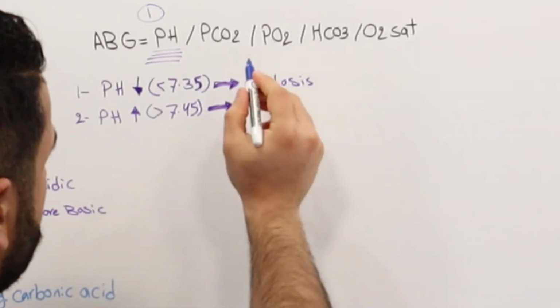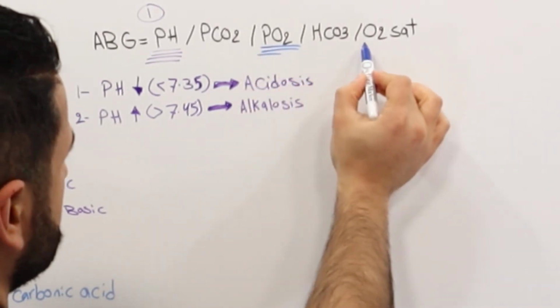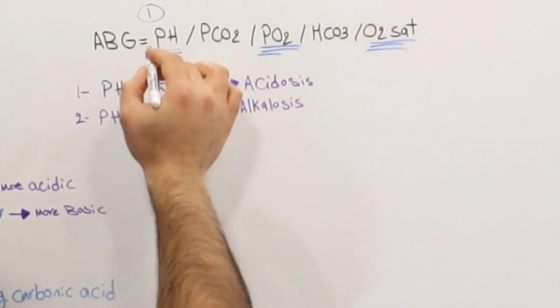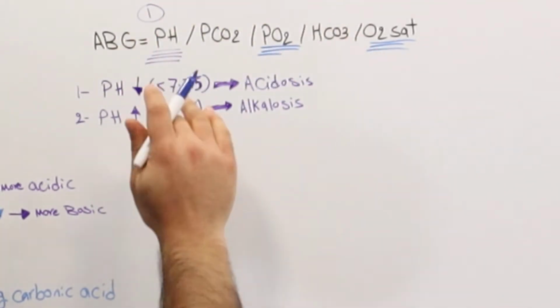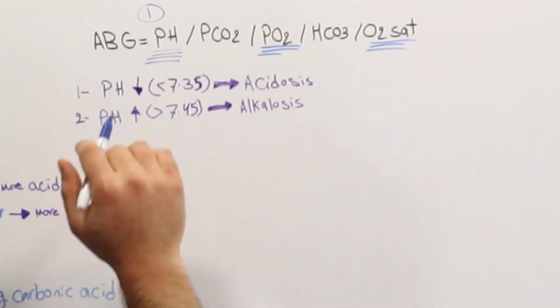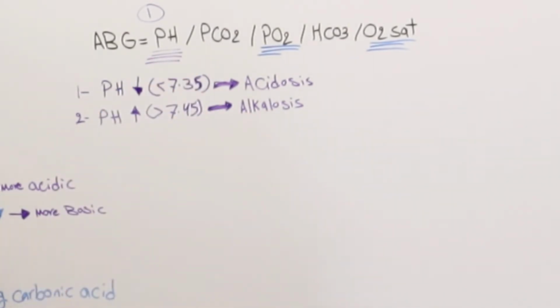The PO2 and O2 saturation, we're not going to worry about. So this is number 1, 2, and 3. Basically, these are the three things that we need to look at in order to interpret acid-base status for a patient.